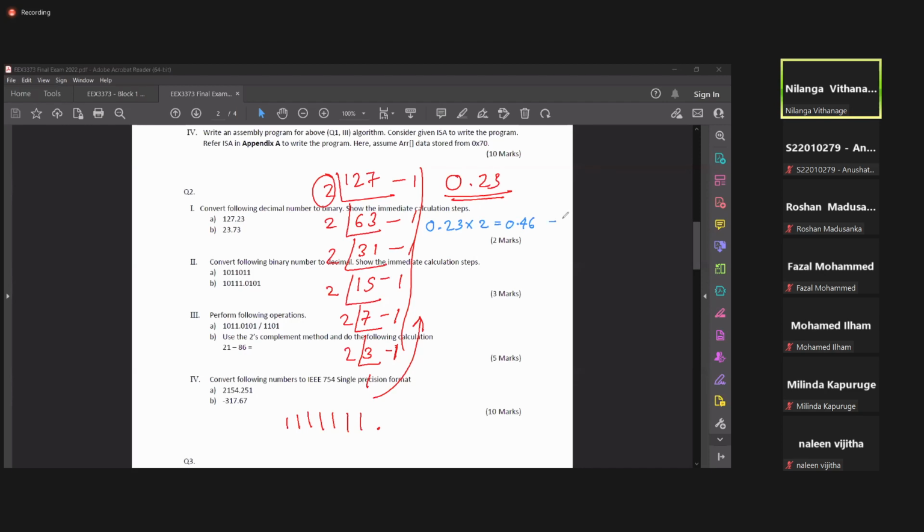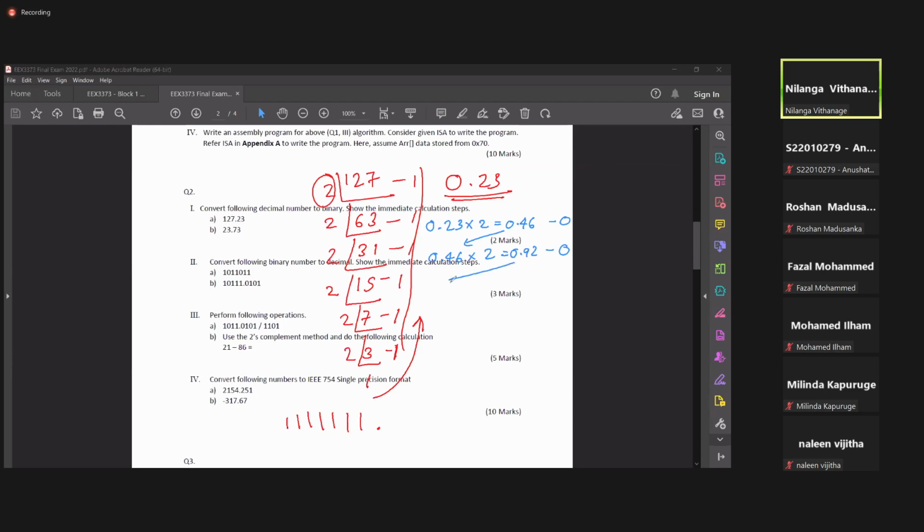There is no carry. Right, so again you take this value 0.46 and multiply by 2. It is 0.92. Again, there is no carry.